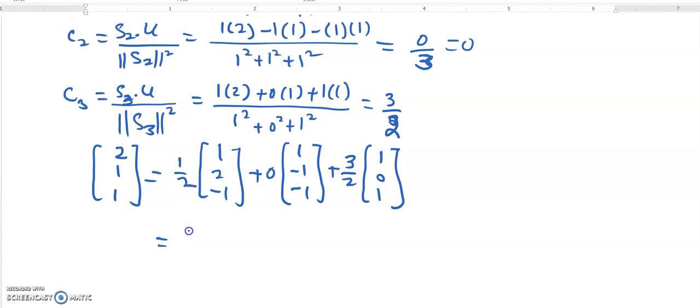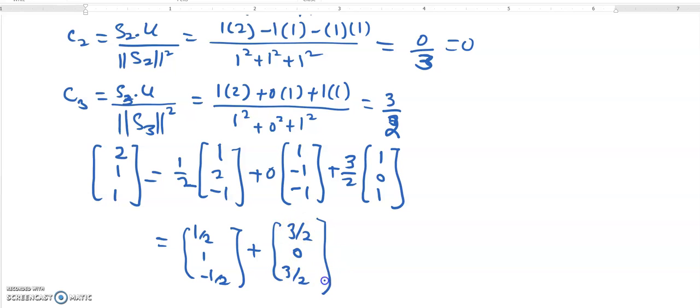So it will be 1 by 2 plus 0 plus 3 by 2 in the first component, 1 minus 1 by 2... the second one is 0, and the third is minus 1 by 2 plus 0 plus 3 by 2. So what we get is 3 by 2 plus 1 by 2, which is actually 2, then 1 plus 0 is 1, and 3 by 2 minus 1 by 2 is 1. So it will be (2, 1, 1).